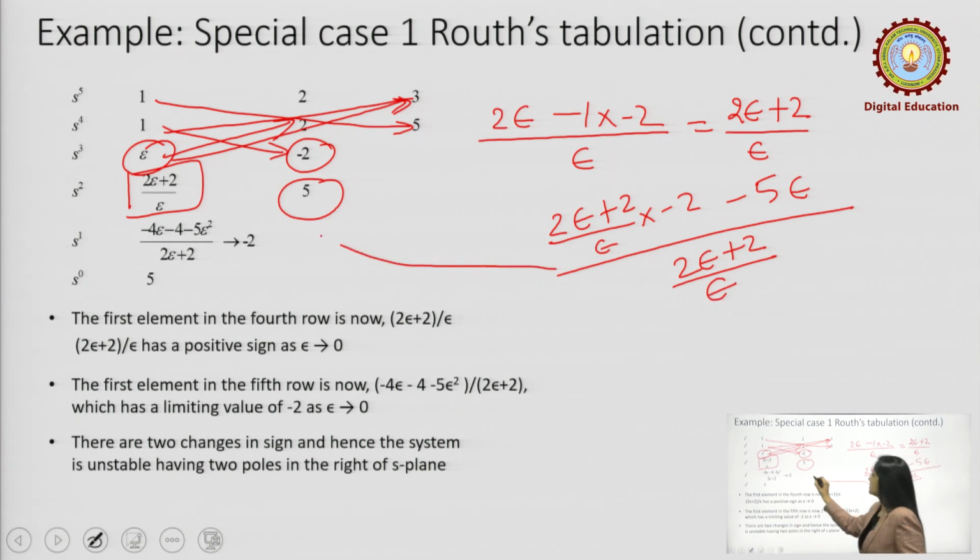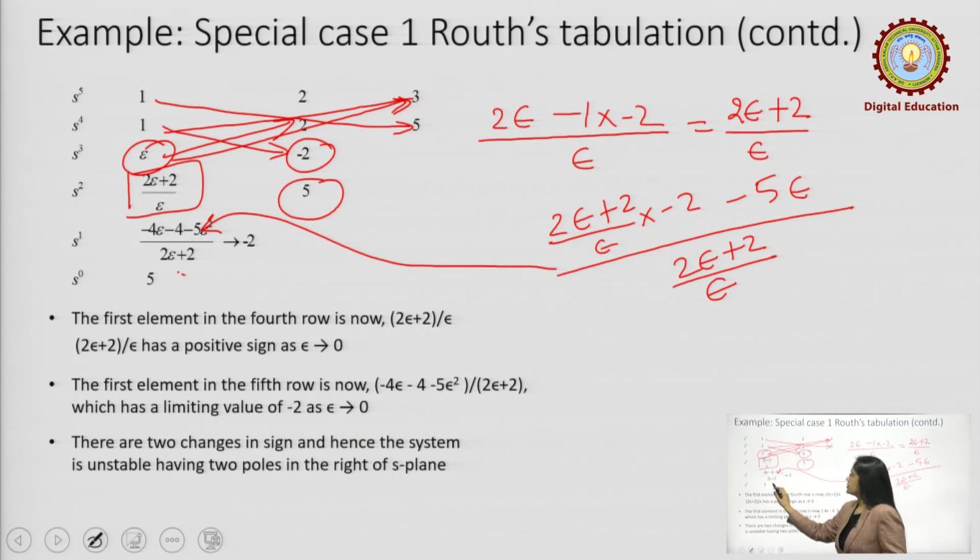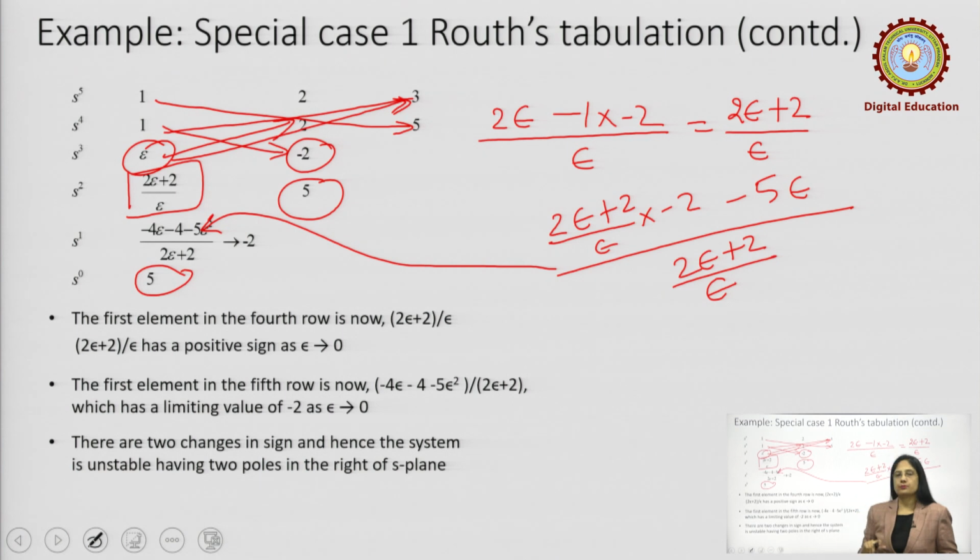So, this is this quantity. Now, continuing, we get this value as 5, because this into this minus this divided by this gives 5. Okay. Now, what about the sign changes, and how is this obtained?